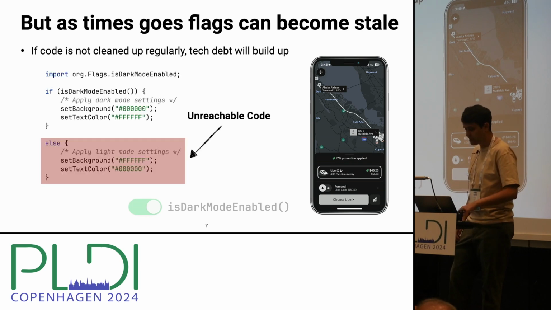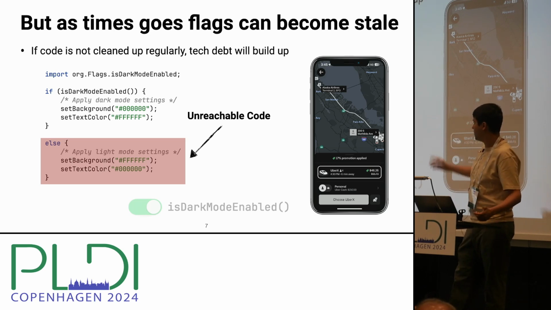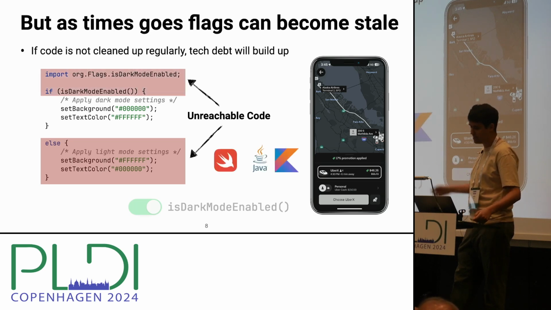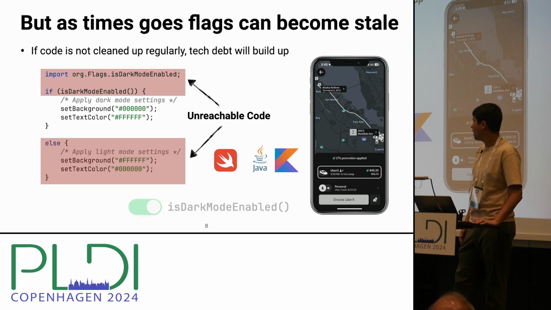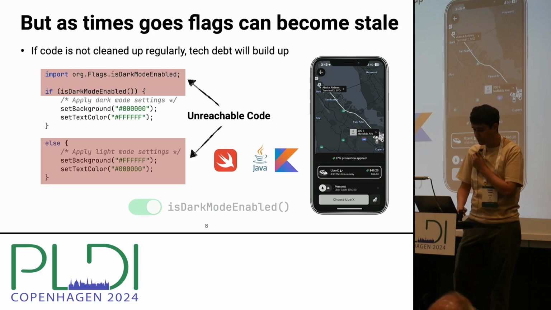You'll have dynamically unreachable code because this method is now always true. So there's a lot of clutter in the code base. And it's not only just an else block. You'll have import statements that also need to be simplified. This is even more challenging if you think that these changes may propagate across multiple languages and code bases.